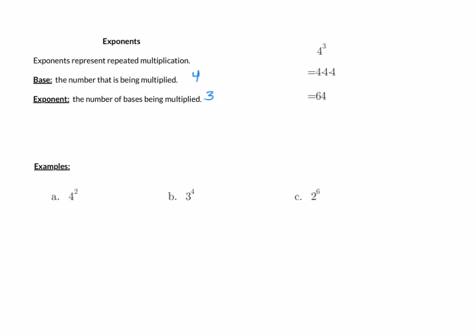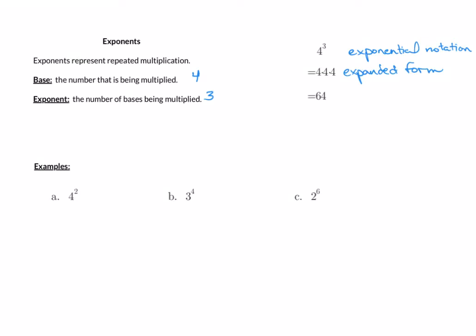So when we talk about exponents, there's 3 different terms that you might see. The first one is exponential notation, or form. And exponential form or exponential notation means write it with exponents. We also have expanded form, and expanded form means write the problem without exponents.